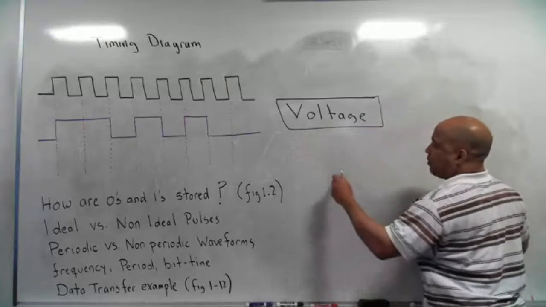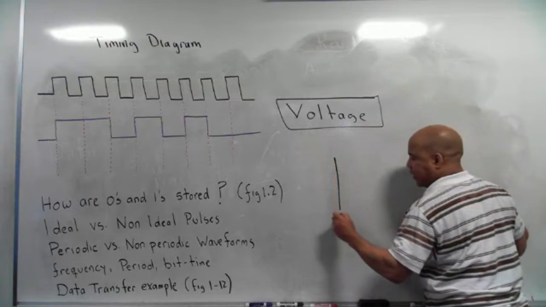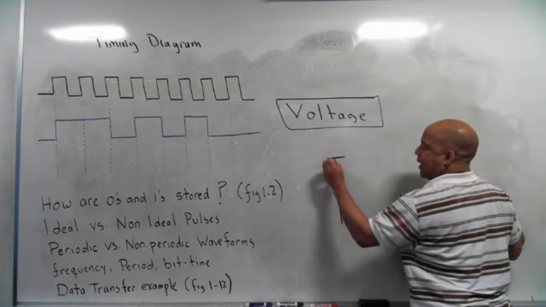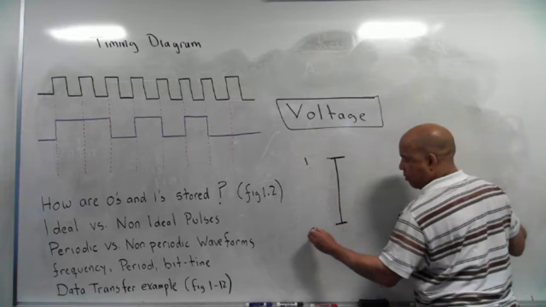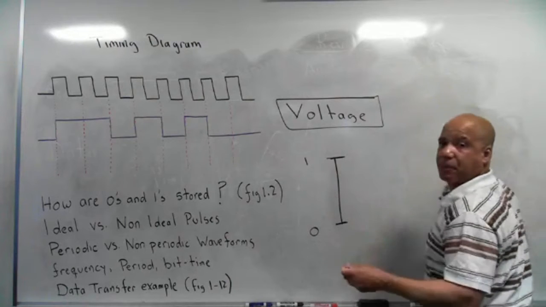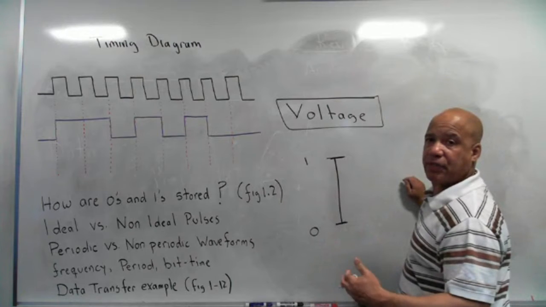is we have voltage levels that are what we call two states. There'll be a one state or another. So what I want to do is represent a binary 1 or a binary 0. And the way I do that is I use a voltage of a certain amplitude to represent a 1. I use a voltage of a different amplitude to represent a 0.